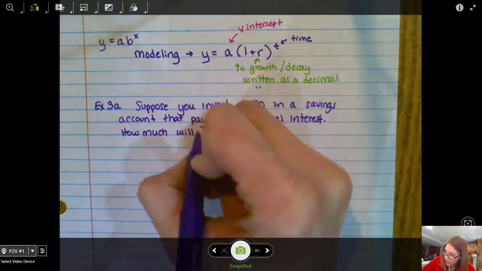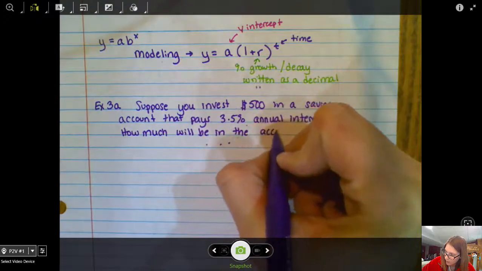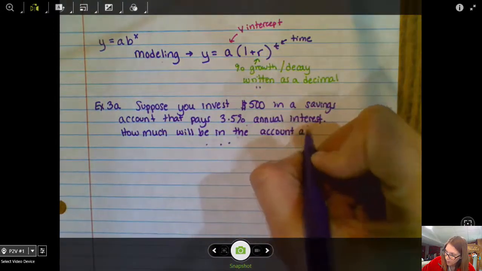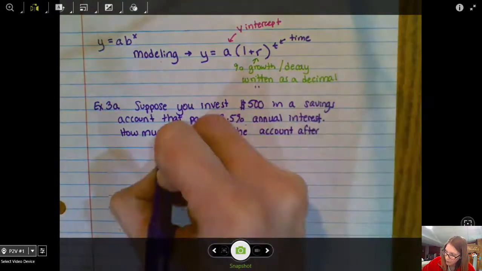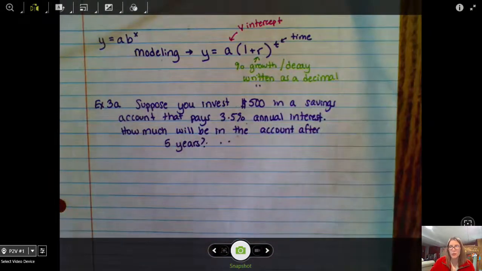How much will be in the account after 5 years? So this is also assuming that we're not adding any extra money into this bank account along the way, or we're not taking anything out.